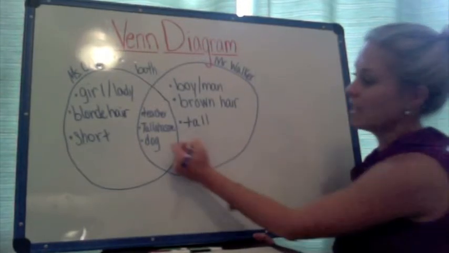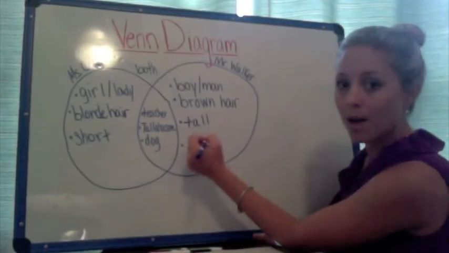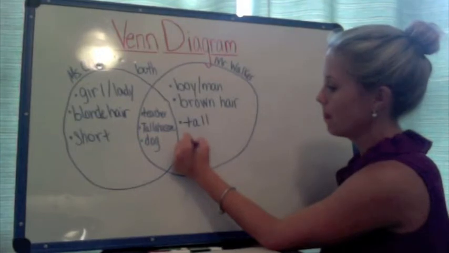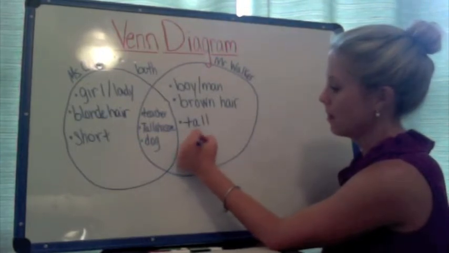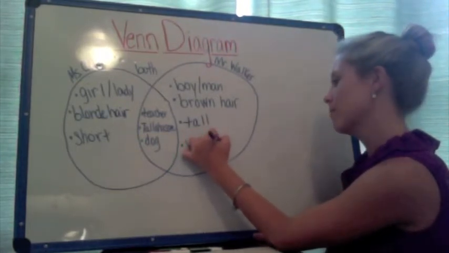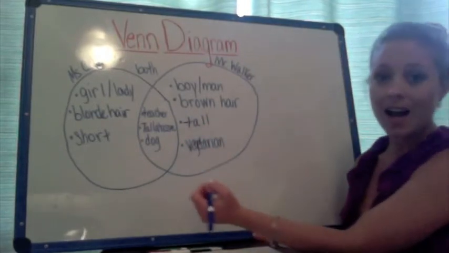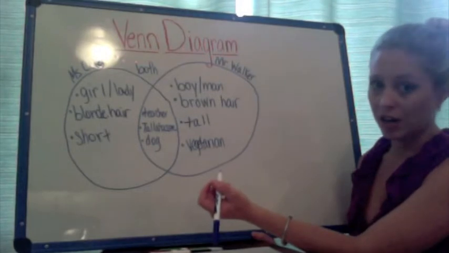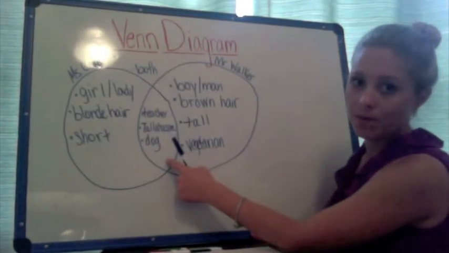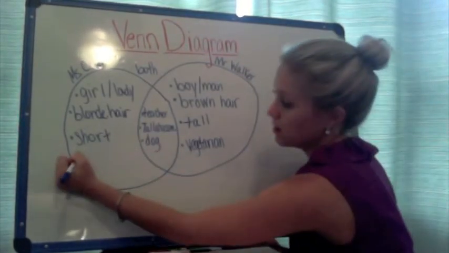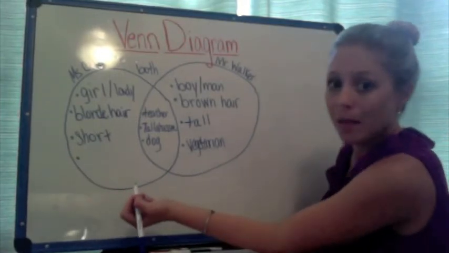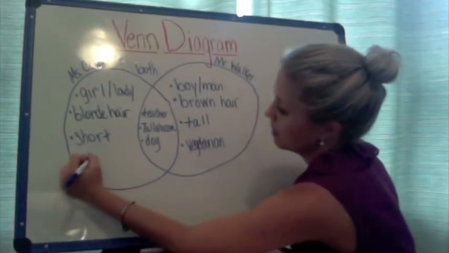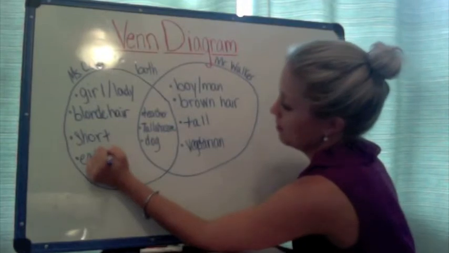He is a vegetarian. So we'll do one more. I eat meat. So I am not a vegetarian. So that would not go in the middle. You can say over here something that I do. I eat meat. So, eats meat.